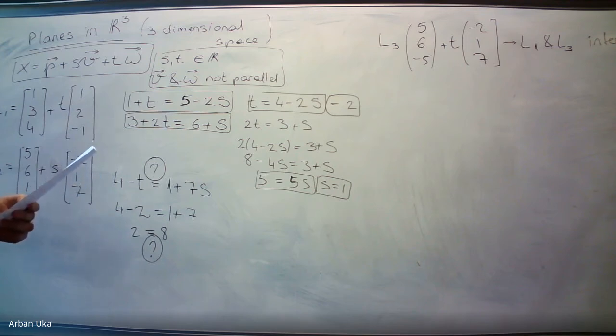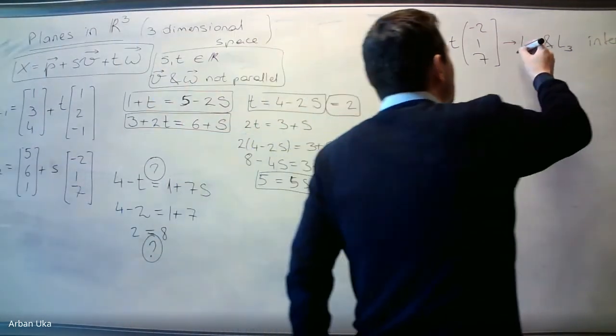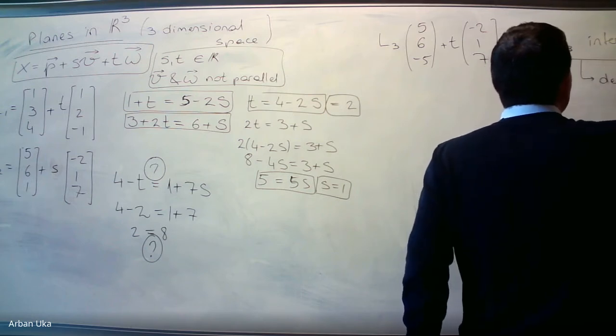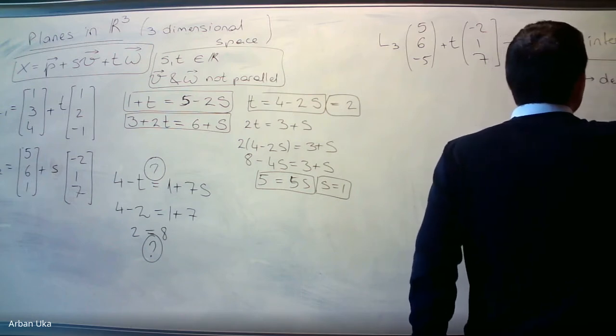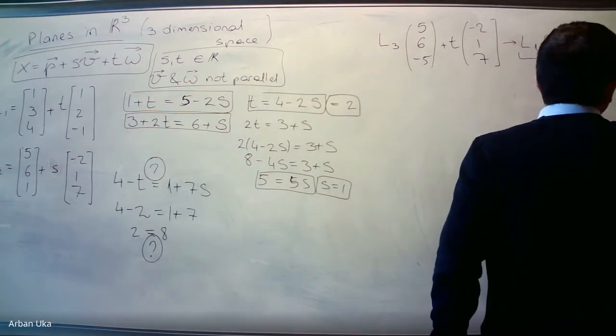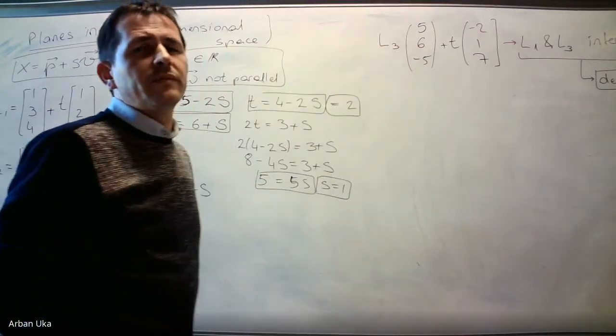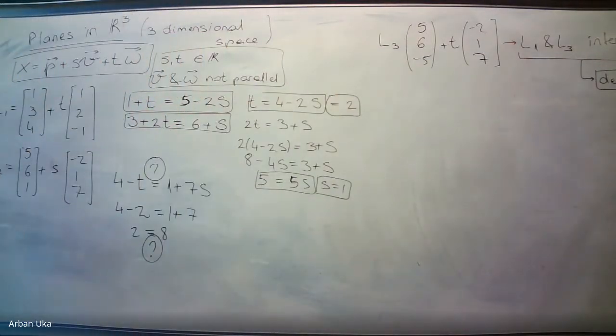Now, if L1 and L3 intersect, they define a plane. They intersect when T's value is 2. If T value is 2, it comes to the same result, 3, 7, 2, for L1.